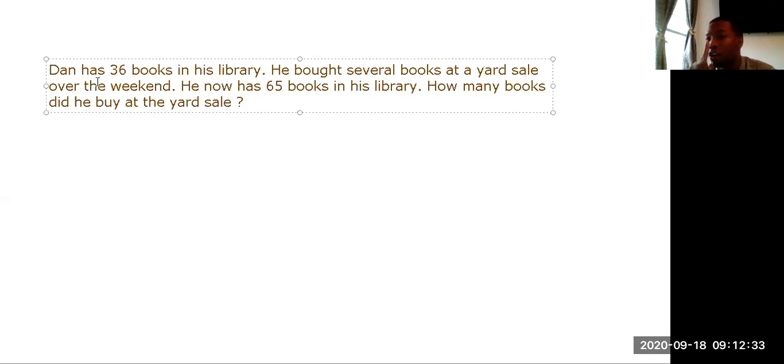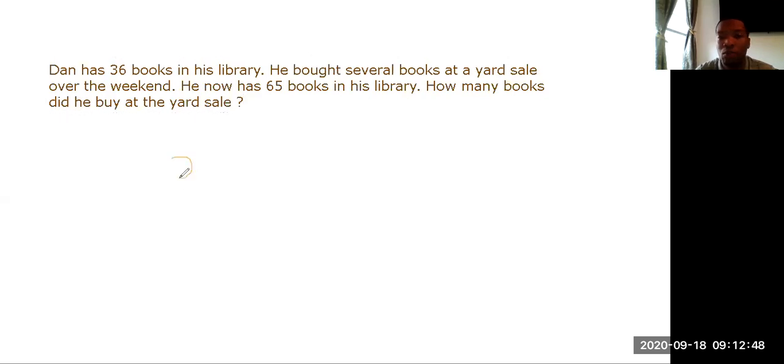So again, we have to figure out the unknown variable, and the unknown variable is what they're asking for. We're going to write X, or we could use Y or Z. X is how many books he bought at the yard sale. We always identify our variable as what they're asking for.